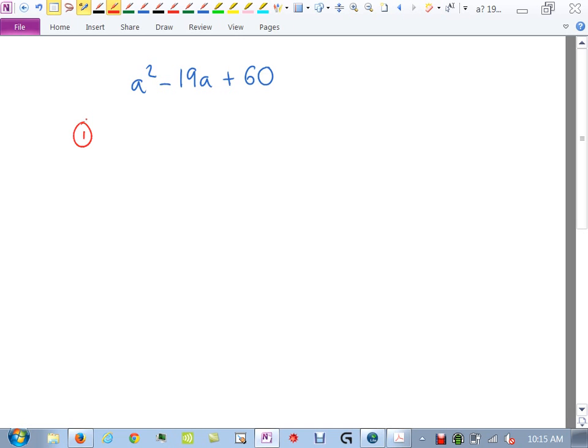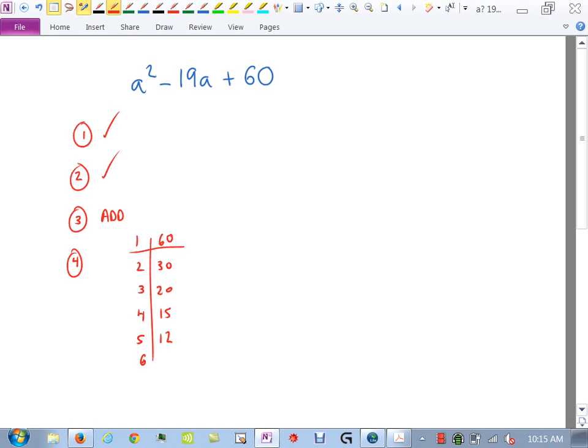So the first step, it's in the correct order. Second step, there's no GCF, there's no negative sign. Third step, I'm adding two numbers together. Fourth step, I make my table. 1 and 60, 2 and 30, 3 and 20, 4 and 15, 5 and 12, 6 and 10, 7, no, 8, no, 9, no, 10.